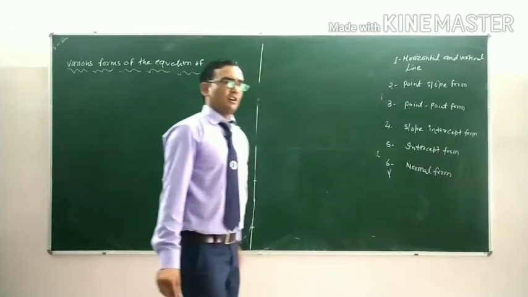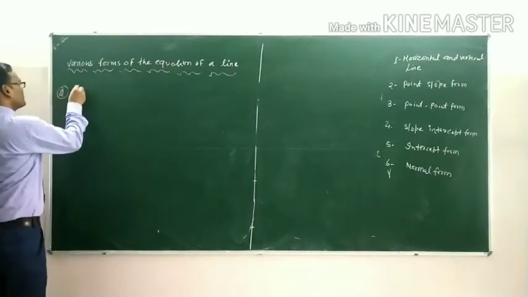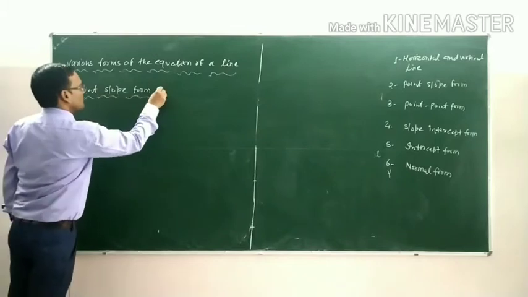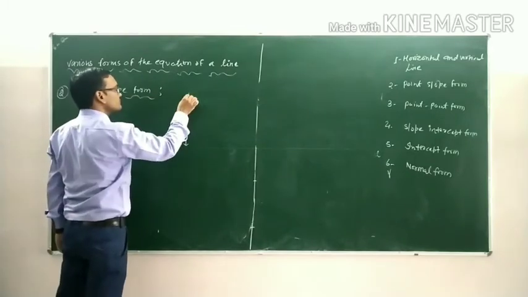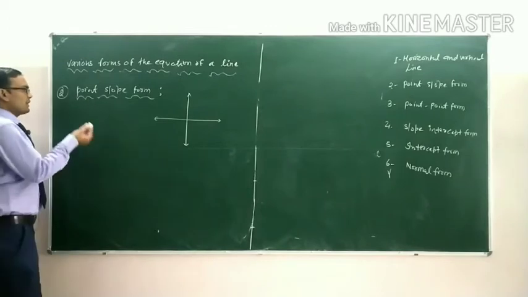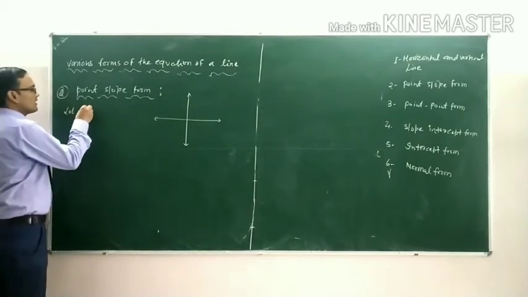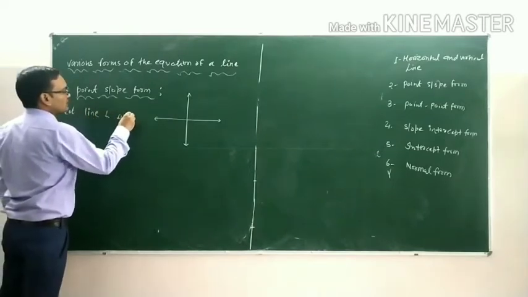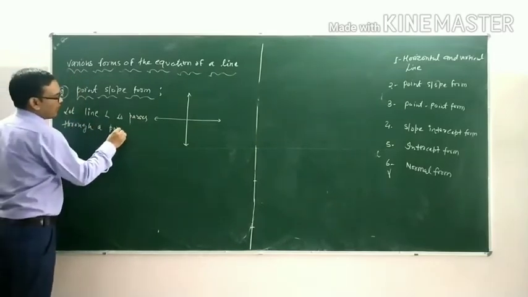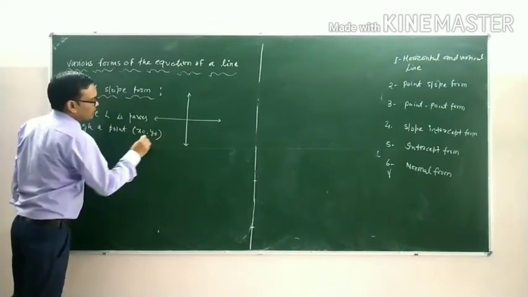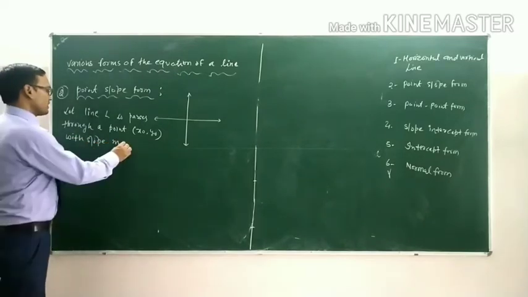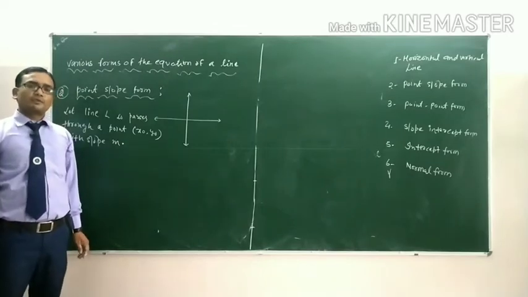In a Cartesian plane, let line L pass through a point x0 comma y0 with slope m, then we find the equation of the line.